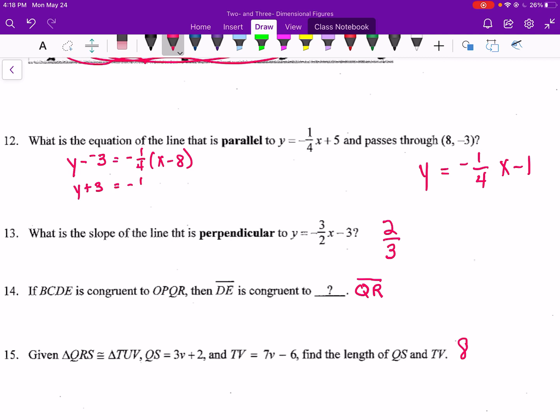Distribute the negative 1/4. Negative 1/4 times 8 is 8 over 4, or 2. And then subtract the 3 from both sides. We get y equals negative 1/4 x minus 1.